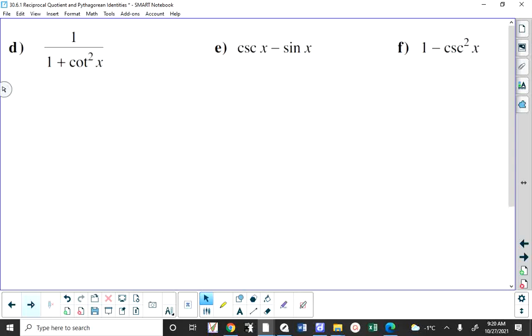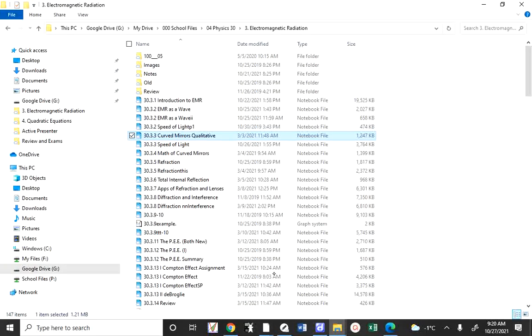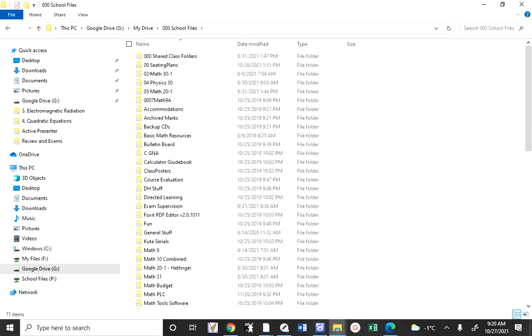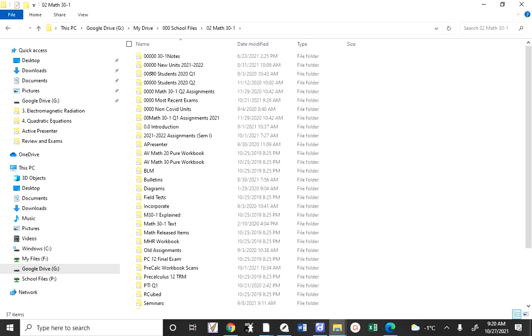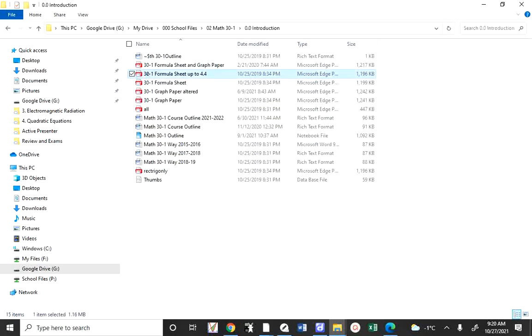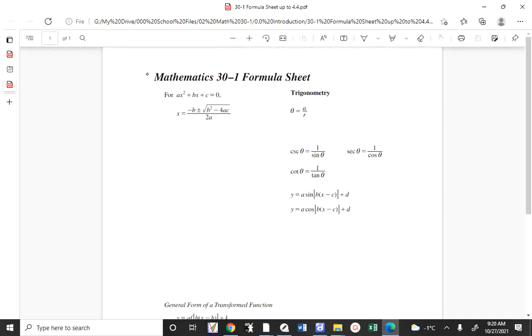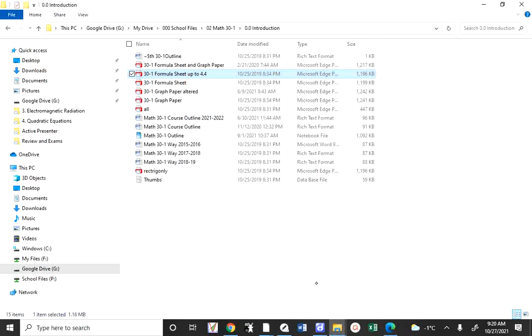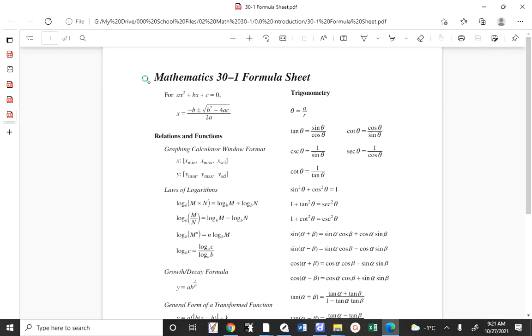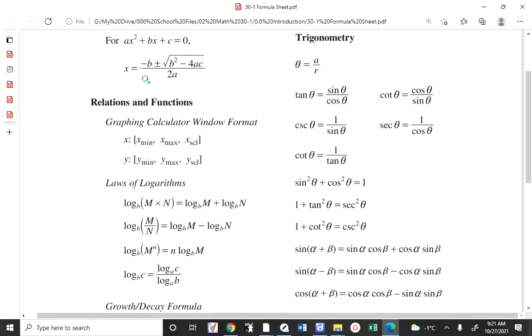One of the items on the list, everyone, is to keep your eyes peeled for known identities. Now let me open up my formula sheet for you. Of course, there are more identities to come.